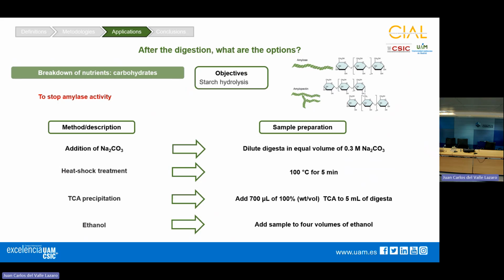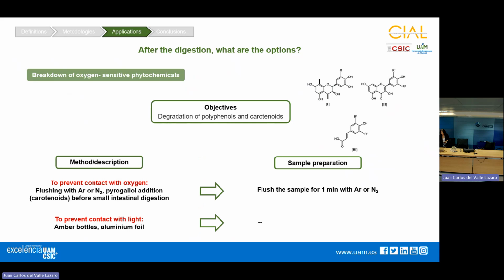Amylase is released with the saliva, and as well it's been described in the gastric digestion. So what you can do is raise the pH, adding a base, or you can heat treat your samples, or even use trichloroacetic acid to precipitate your samples, or even ethanol dilution. Sorry.